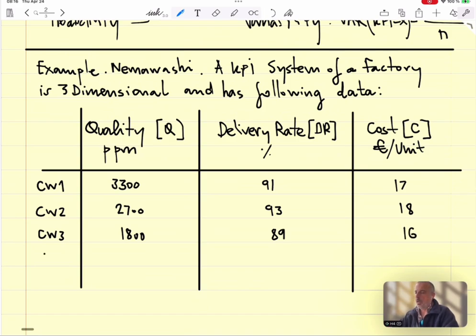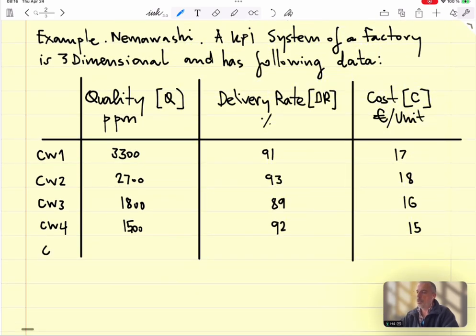In calendar week 4, we are getting better in the quality, the delivery rate, and the cost. So these bumps are very common, okay? Sometimes you need to get worse to get better. Then you still get better in the quality and the delivery rate, and then you get worse a little bit in the cost. This is our data set.